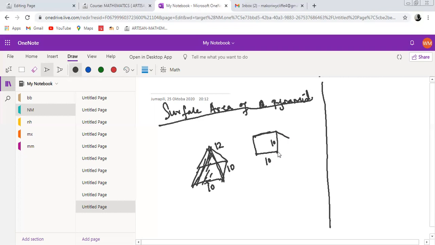Remember, these particular faces that are slanting, which are actually triangular in shape, are going to behave like this. If you bisect all the slant edges, if you cut this and cut that, and then we open it, it's going to resemble what I'm having here.